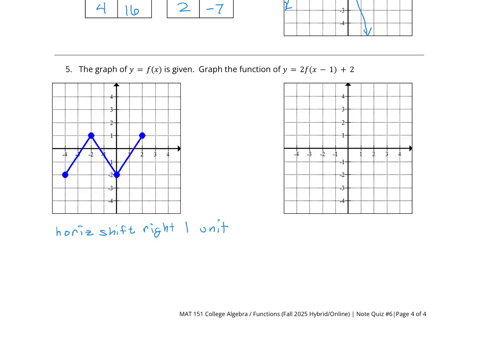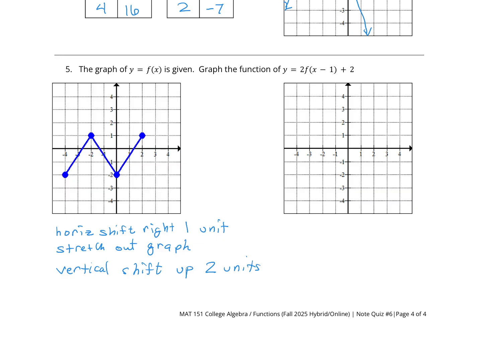The next thing you'll know is we're multiplying by 2, so that's going to stretch out the graph, and it's going to basically double the y coordinates. And then it's going to be a vertical shift up 2 units. So we have to do that to all of our ordered pairs. So let's just move from left to right.